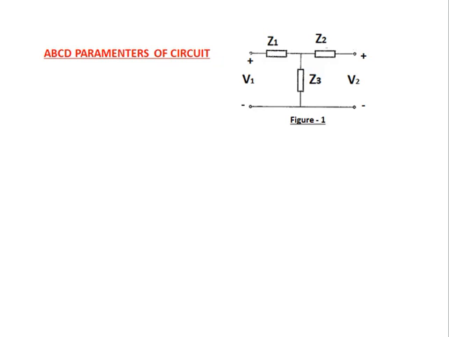ABCD parameters of a circuit. Three impedances Z1, Z2, Z3 are connected as shown in the figure. This is called a circuit or network. On the left side of that circuit, we apply voltage V1 and measure the voltage V2 as the output voltage.